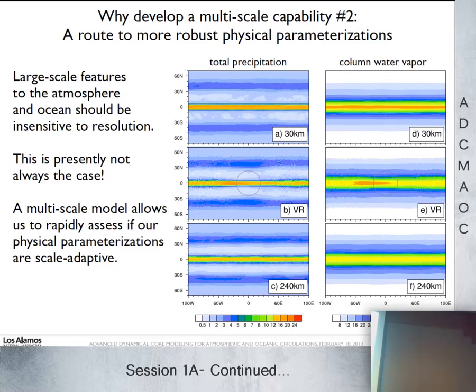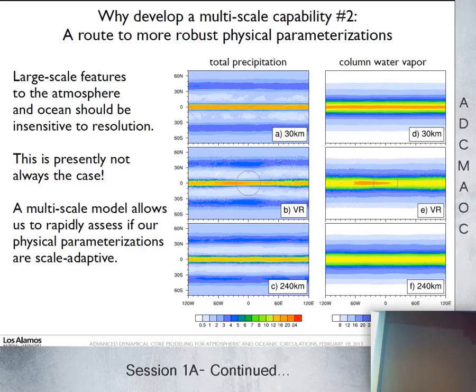The second is, even if you had no interest in multi-scale modeling, this is a great way to measure the quality of our physical parameterization. An appropriate physical parameterization is going to adapt with scale. It's going to change its response, say for a cumulus parameterization, right?